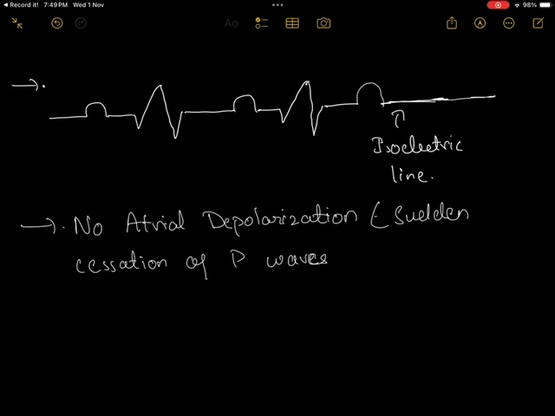There will be no atrial depolarization waves seen, what you call P waves, because P waves indicate atrial depolarization, but there is no atrial depolarization occurring in the heart. So then there will be no forming of P waves. So that is the first thing. Okay, I hope you might have got this point.